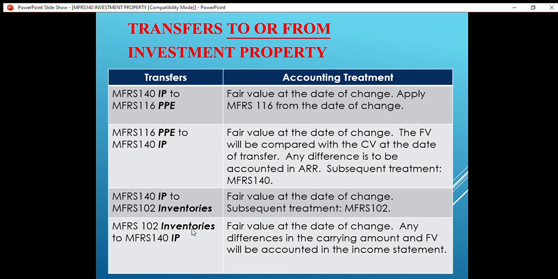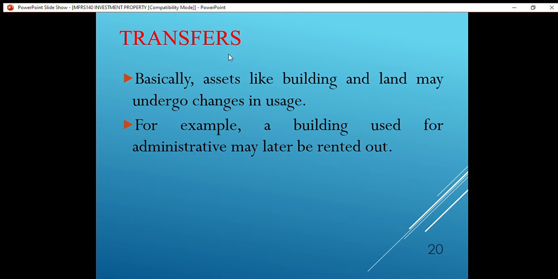And for the fourth type of transfer, that is from MFRS 102 inventories to MFRS 140 investment property. Alright, so the accounting treatment for this transfer, the fair value should be applied at the date of change. Any differences in the carrying amount and the fair value will be accounted in the income statement. Alright, so this is about the transfers or change of use.